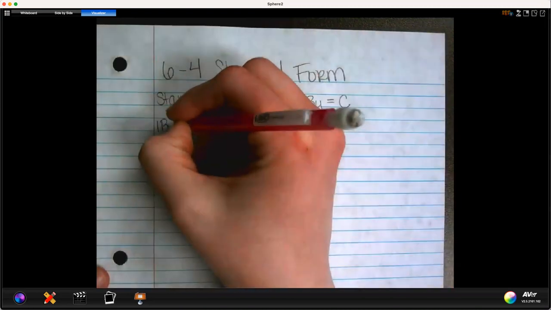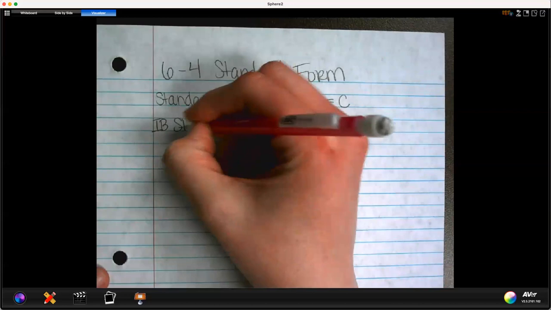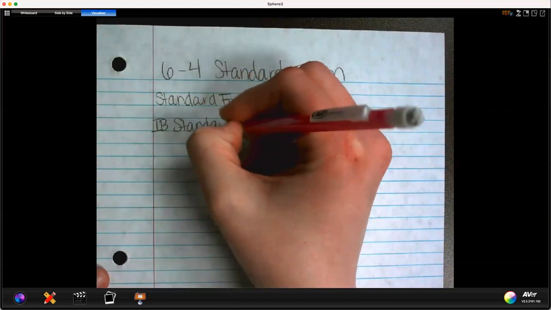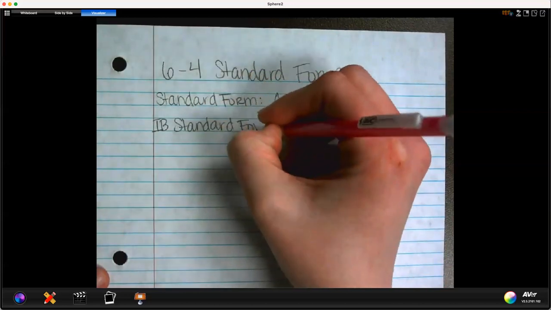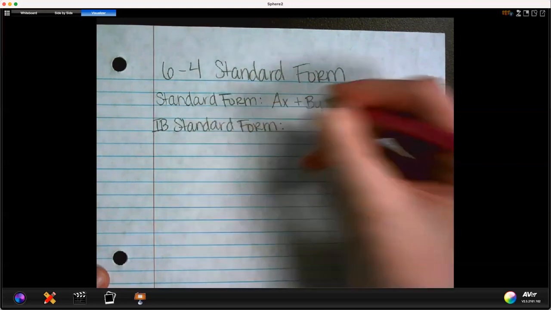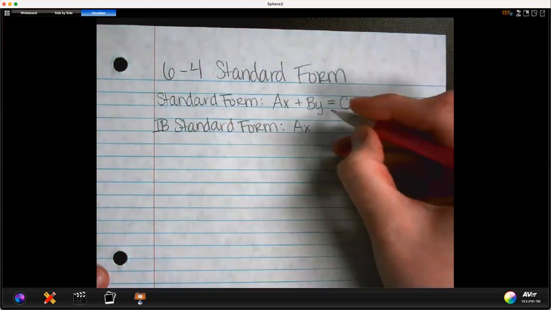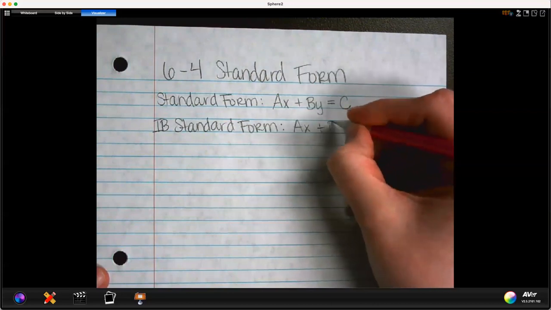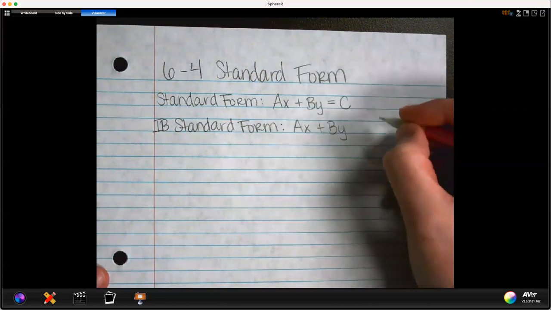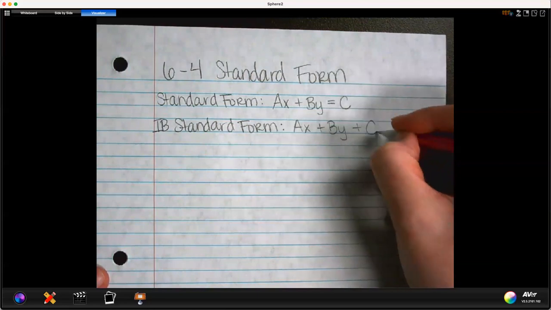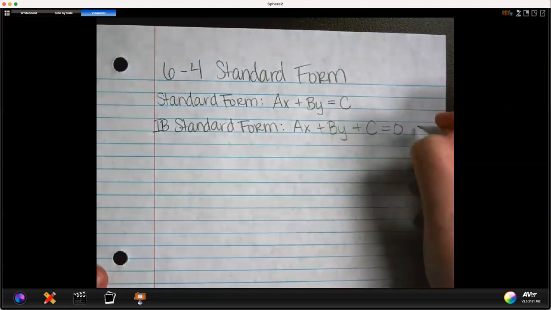So IB standard form is capital A, lowercase x, plus capital B, lowercase y, plus capital C equals 0.